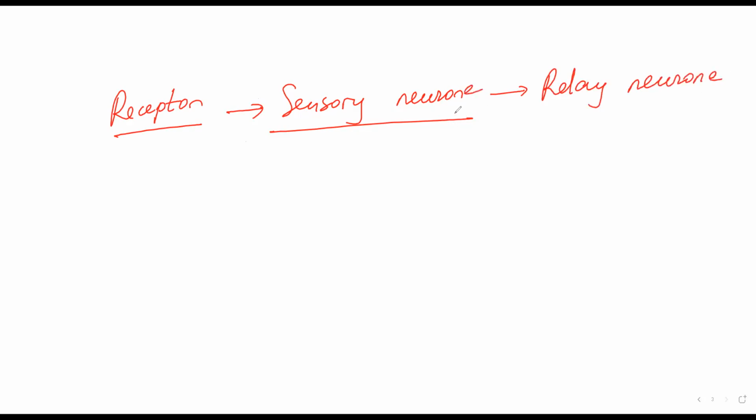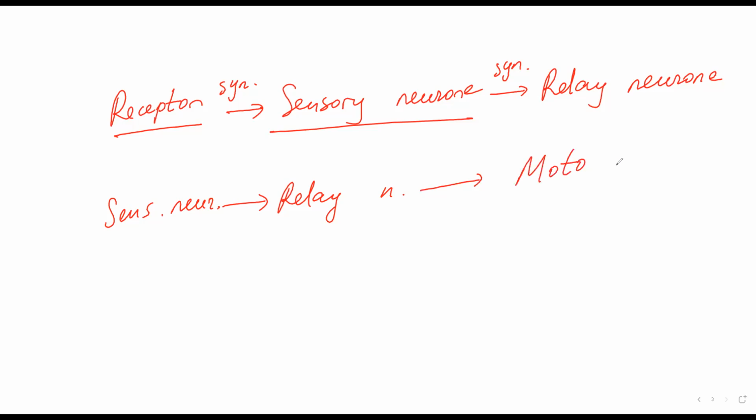In this case, we have synapses. One synapse will be here, another synapse will be here. Or the relay neuron receives an impulse from the sensory neuron and sends it to the motor neuron.